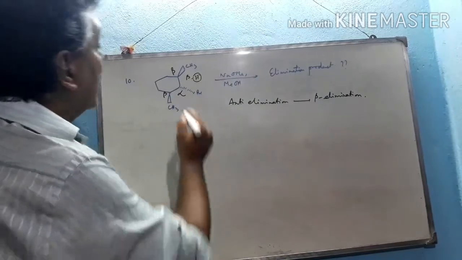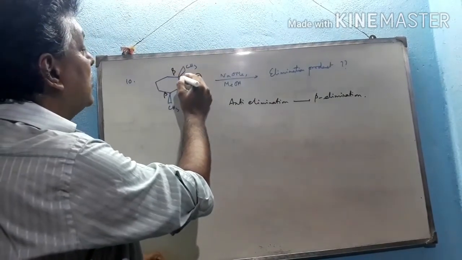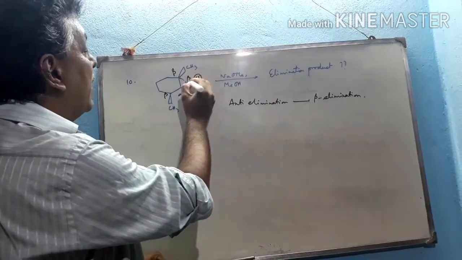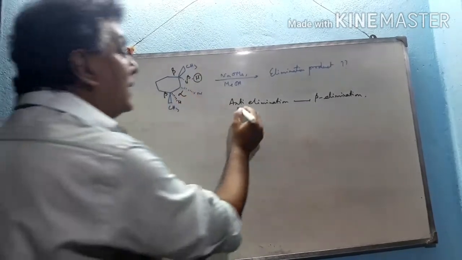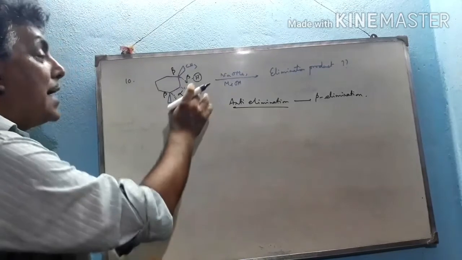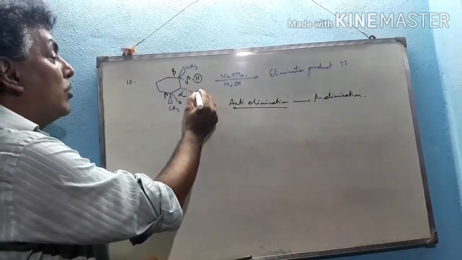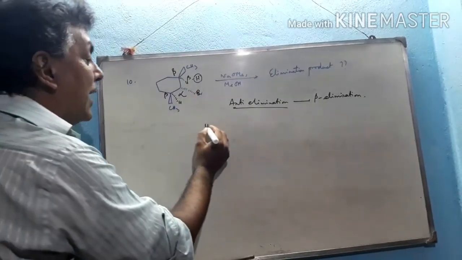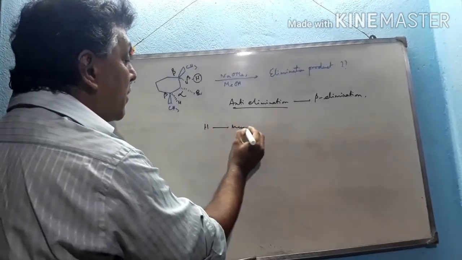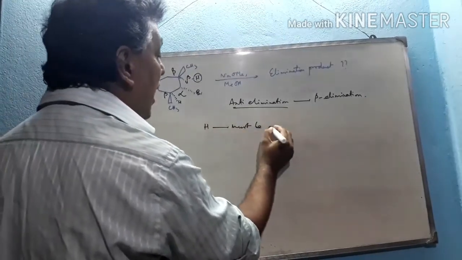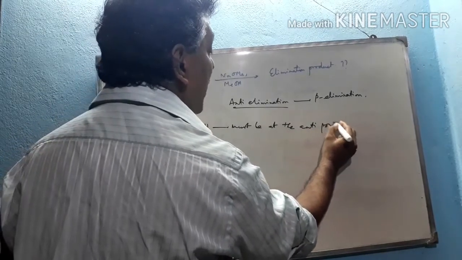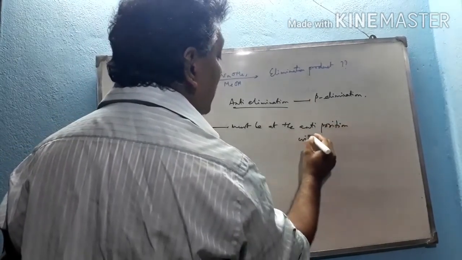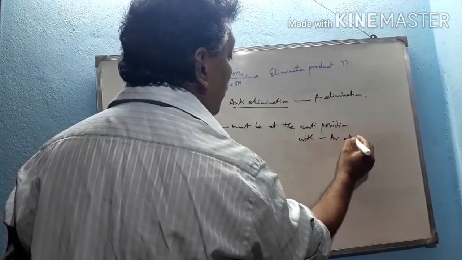But here in this beta carbon the hydrogen atom is below the plane. But in case of anti-elimination, as the bromine atom is below the plane, hydrogen must be at the anti-position with Br atom.